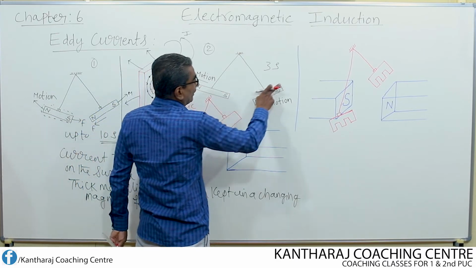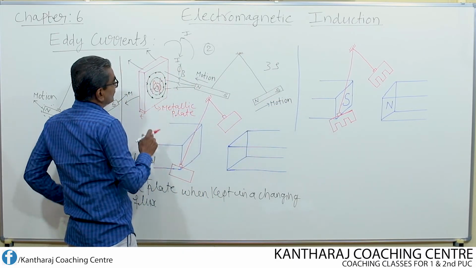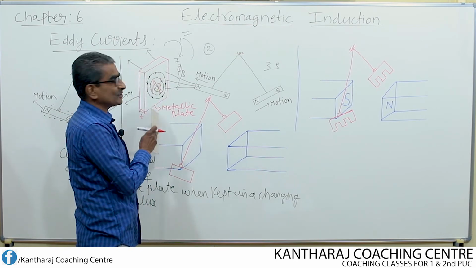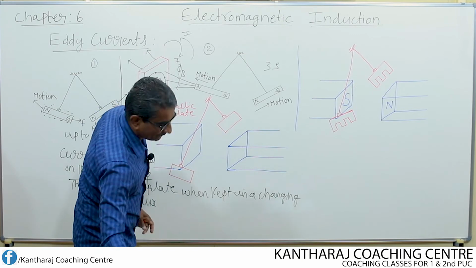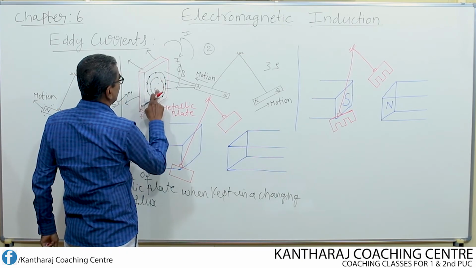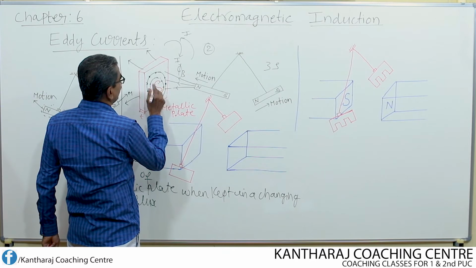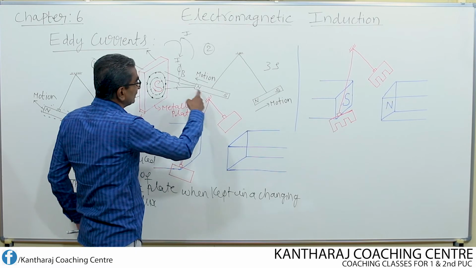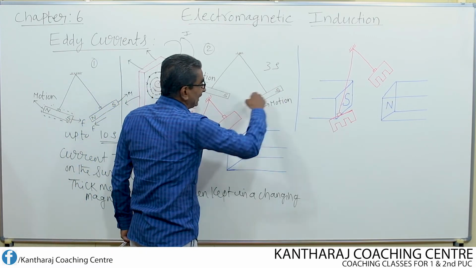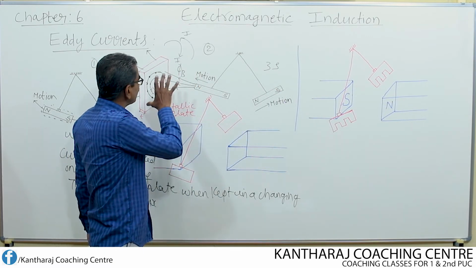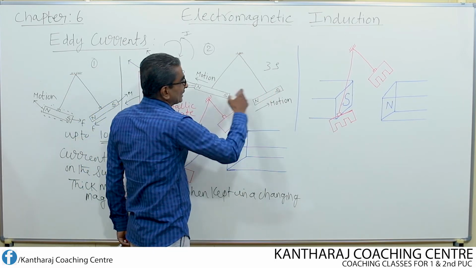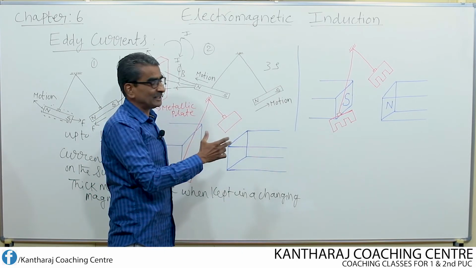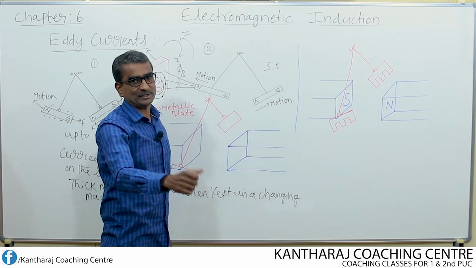Similarly, when the north pole moves away from the plate, a south pole is produced on this surface, whereas on the other surface a north pole is produced. Now the south pole is going to attract the magnet. So this is how the motion of the magnet is opposed. Because of this opposition, the oscillation cannot continue for a long time. So the oscillation immediately stops, that means the oscillation immediately gets damped.